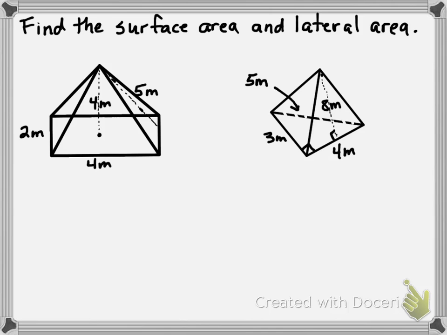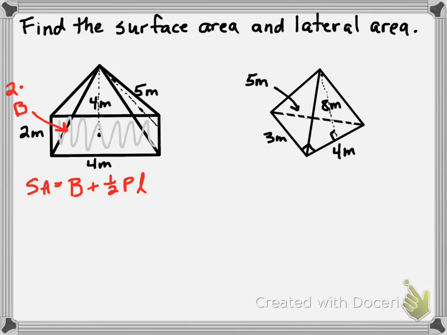Alright, so we'll start with the rectangular pyramid. Okay, so my base is on the bottom. My formula is just area of the base plus 1/2 perimeter times slant height. So first I'm going to find the area of my base. It's just 2 by 4.